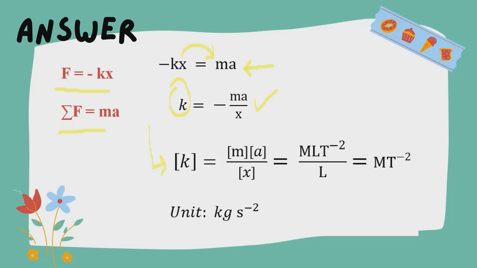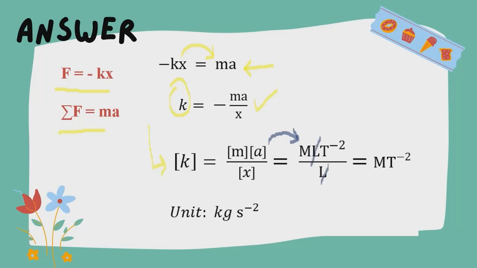And the next step is to label it with the dimension symbol. After you get M is capital M, A is LT negative 2, and X is elongation, which actually falls under length. Okay, next, last, you simplify.